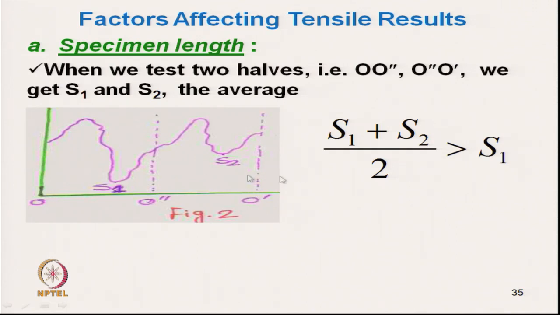So, O dash we are dividing into 2 parts. In that case, we are getting S 1 plus S 2 by 2, because we are taking 2 values and then taking the mean. So, we are getting S 1 plus S 2 by 2, which is numerically more than S 1.